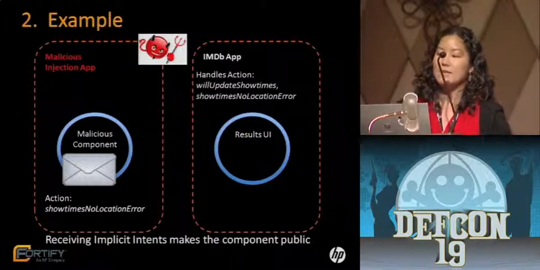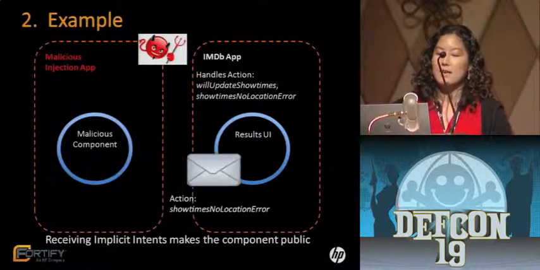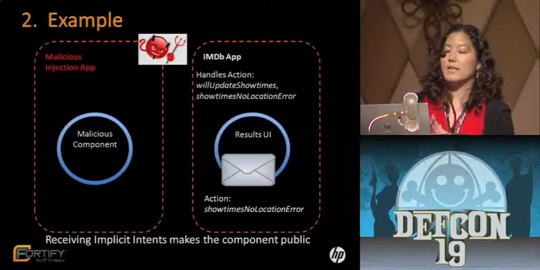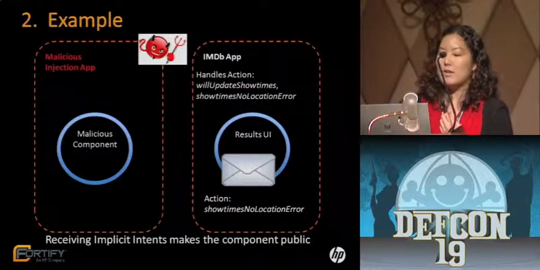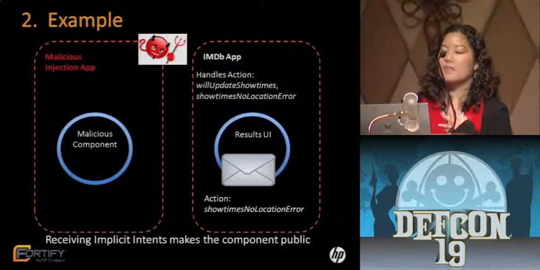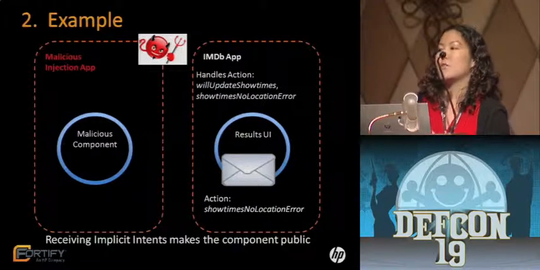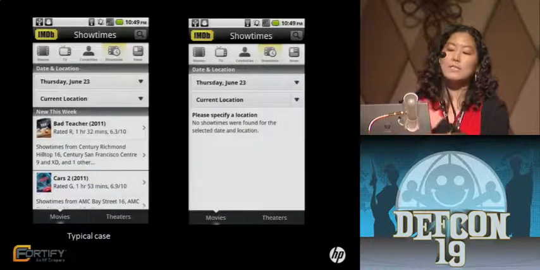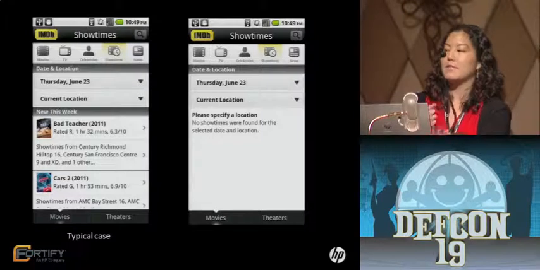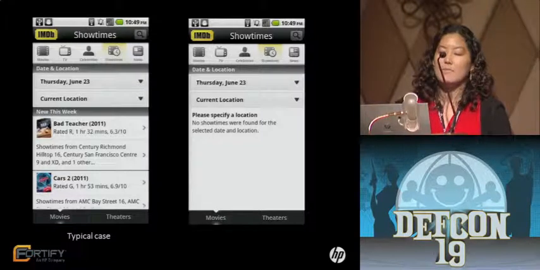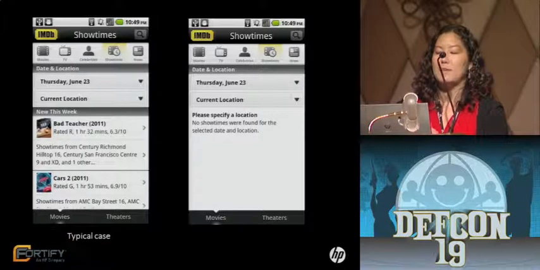If the attacker sends the no location error, then the user will get informed that there are no movie showtimes available. So instead of what you would see on the left, which is a list of all the showtimes, it would be a denial of service. The user would see that there are no movies available.